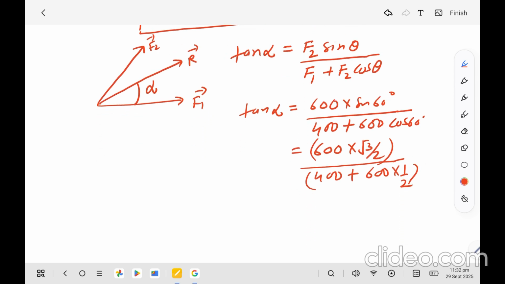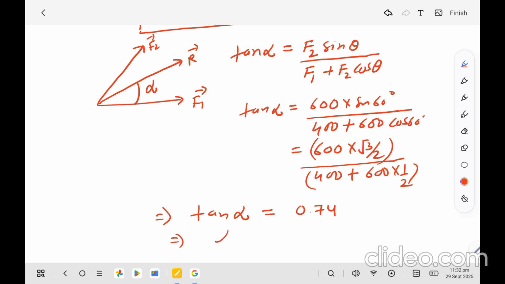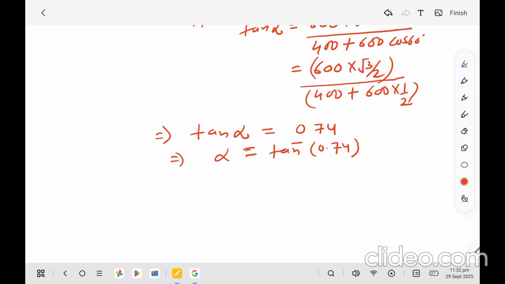So we can find tan alpha is approximately 0.74. So alpha is tan inverse of 0.74, so alpha is approximately 36.5 degree.